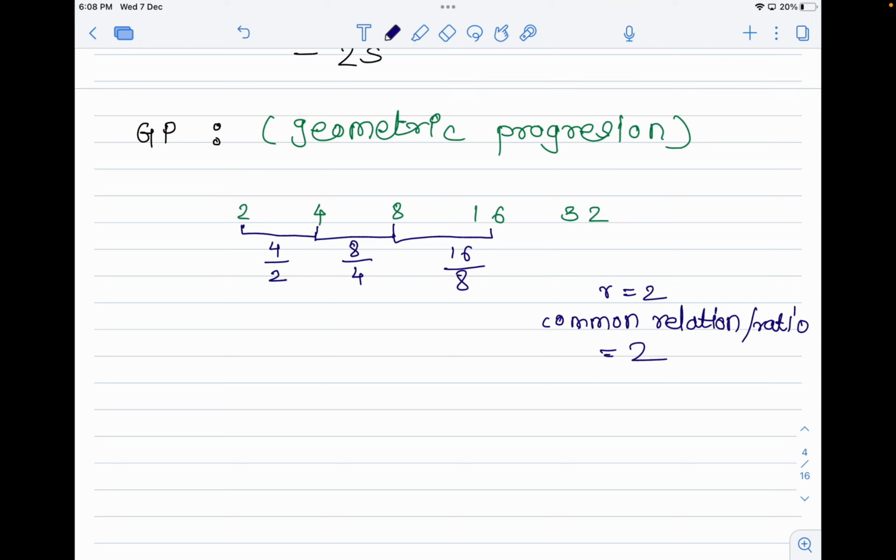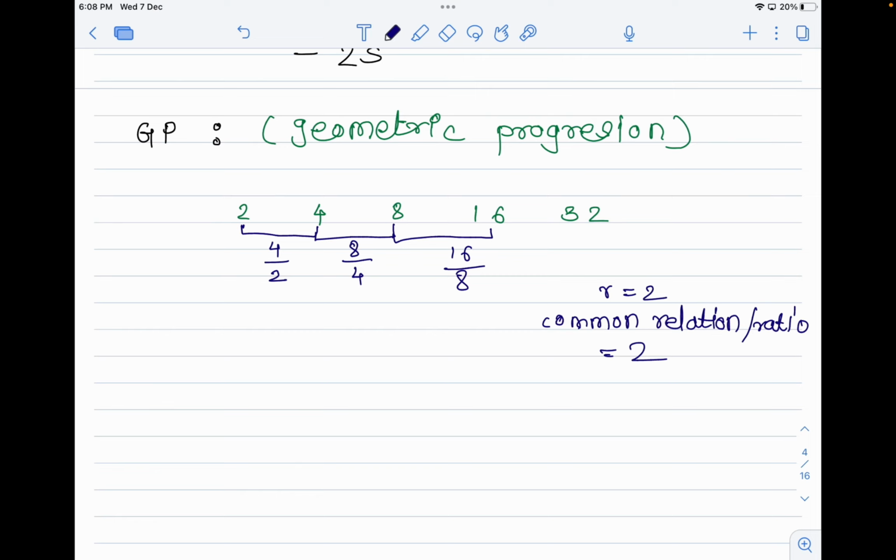But we have found the ratio in between is 2. So 2 is 2, 2 twos are 4, 4 twos are 8. So the ratio is 2, and that's why I have written 2 here. Now how will you say that this is following the ratio?